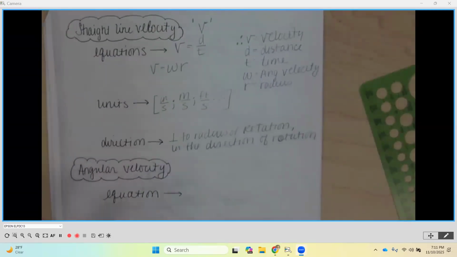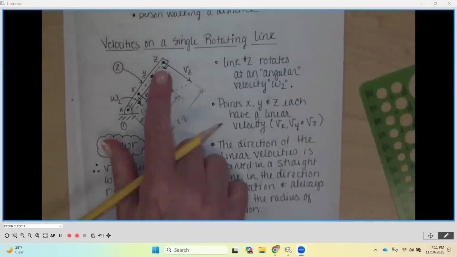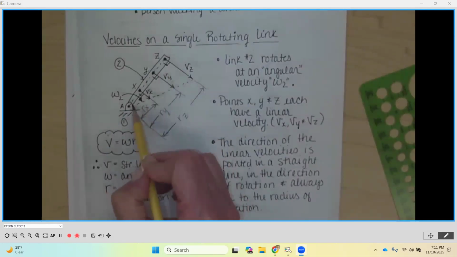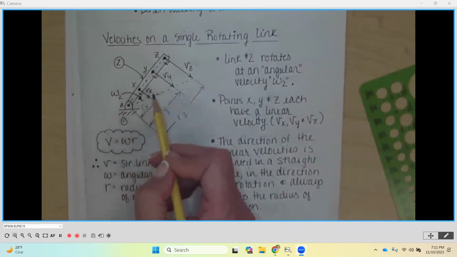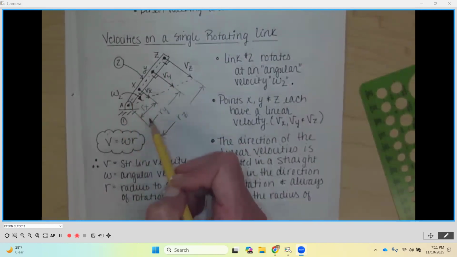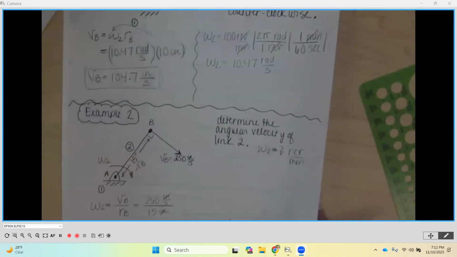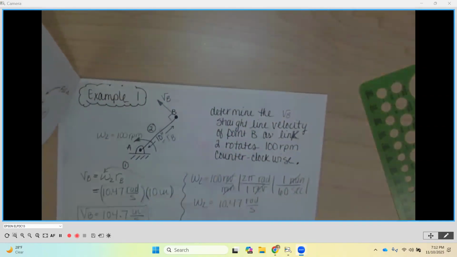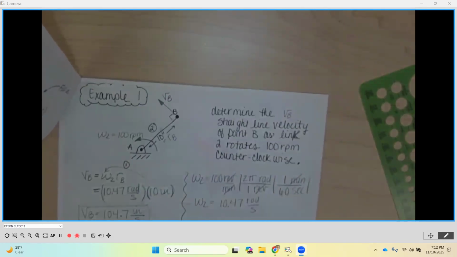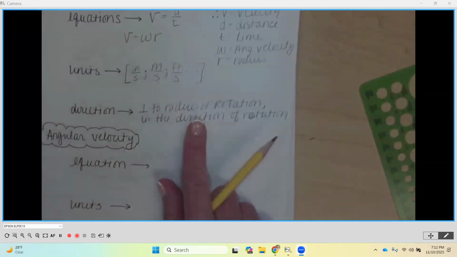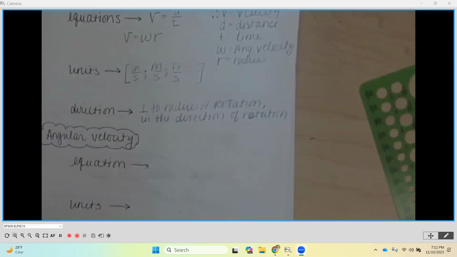So if we go back to our first sheet here, our straight line velocities are all perpendicular to their radius back to their center of rotation, and they're in the same direction of rotation. So in this case, they're going down and to the right when we're going clockwise. And then we saw in example 1, if we were going counterclockwise, we were going up and to the left because it's in the direction of rotation. So perpendicular to the radius of rotation in the direction of rotation is the direction of straight line velocity.